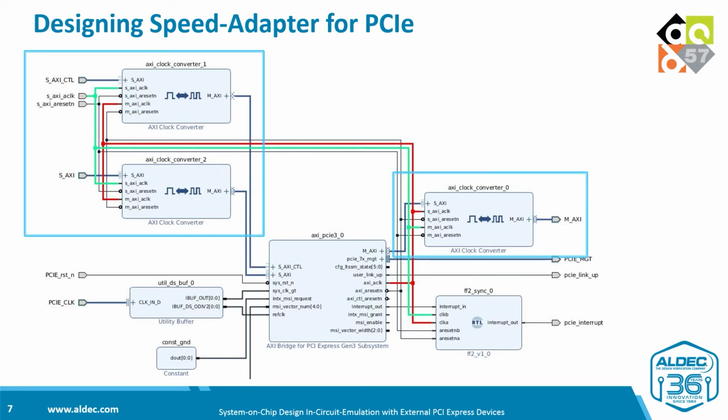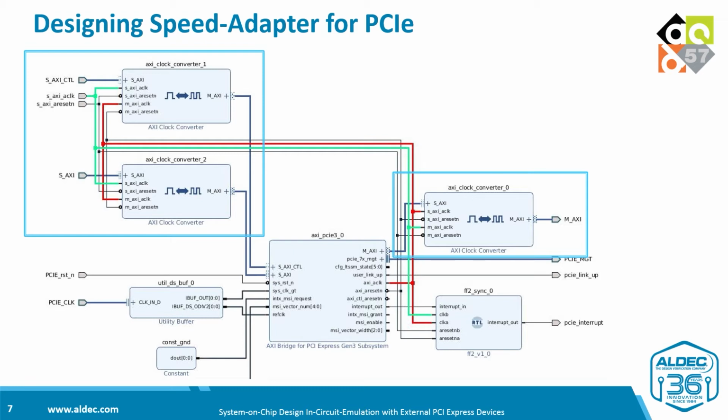AXI clock converter IP is also available in the Xilinx Vivado IP library, and this module provides 2 ports: one AXI slave and one AXI master. Clock conversion means that the 2 AXI ports provide connection for the 2 corresponding input clocks, and so they can safely work on clocks with different ratios. And that's the demanded property of a speed adapter.